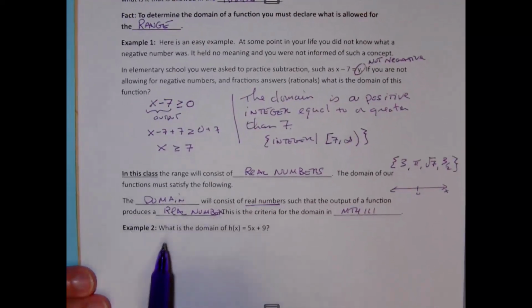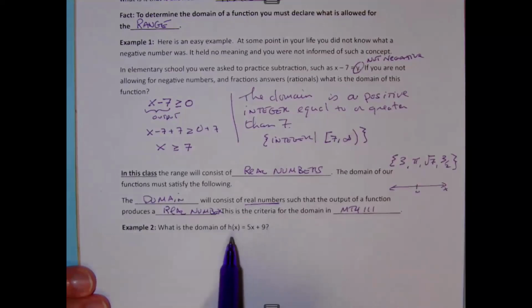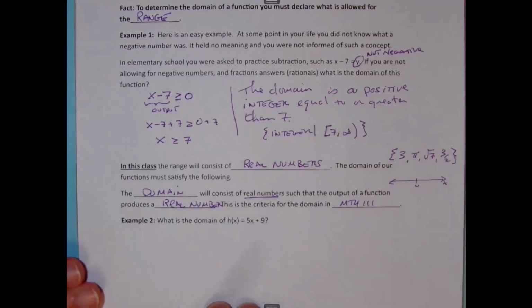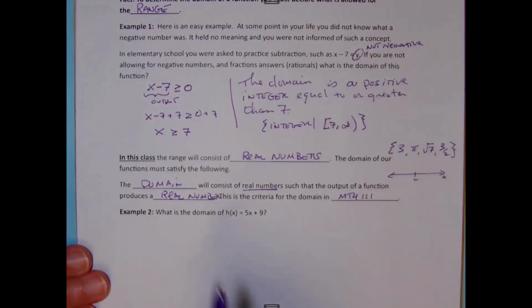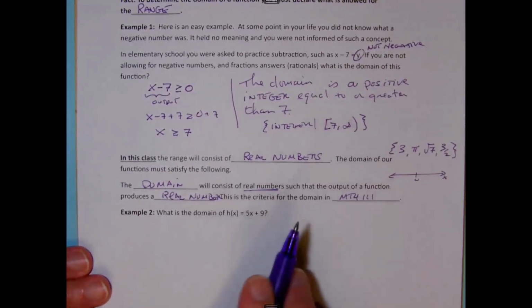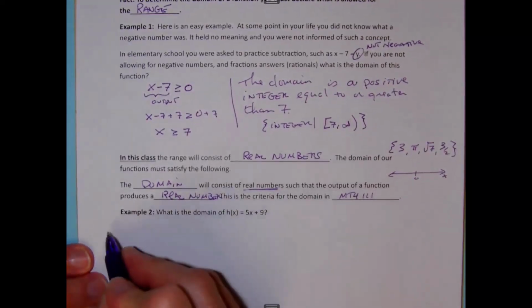Now let's look at this particular example. Example 2. What is the domain of this function, 5x plus 9? And here's how you do this. Later, you're going to just memorize what the domain of this is, because you'll recognize what type of equation this is. But let's think it through for a second. What is happening here? I am multiplying two numbers.